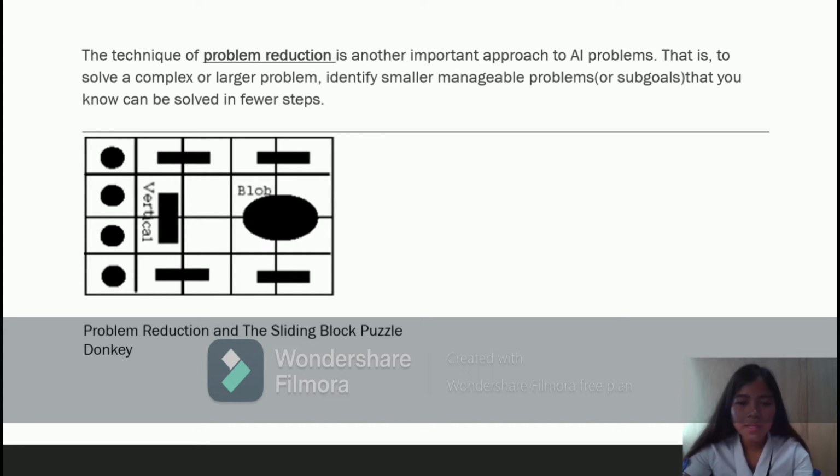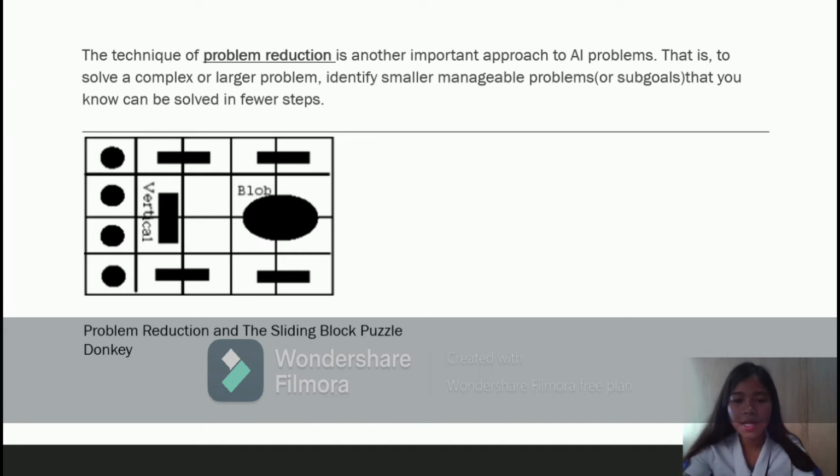The blob occupies 4 spaces and needs 2 adjacent vertical or horizontal spaces in order to be able to move, while the vertical bar needs 2 adjacent empty vertical spaces to move left or right, or one empty space above or below it to move up or down.